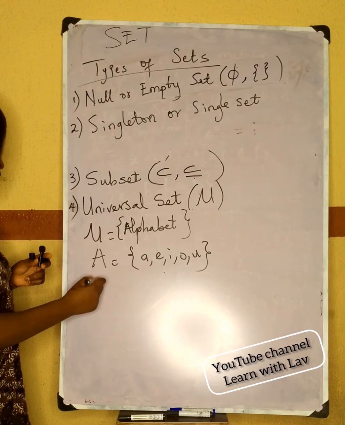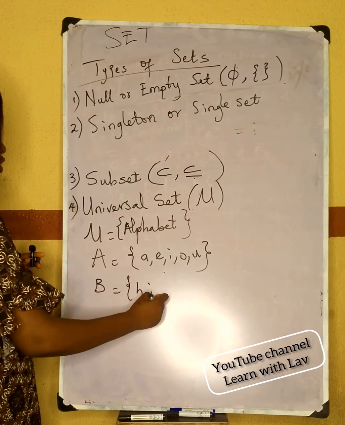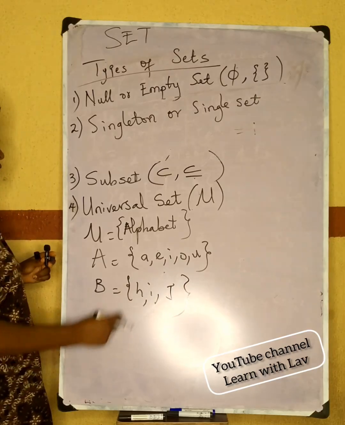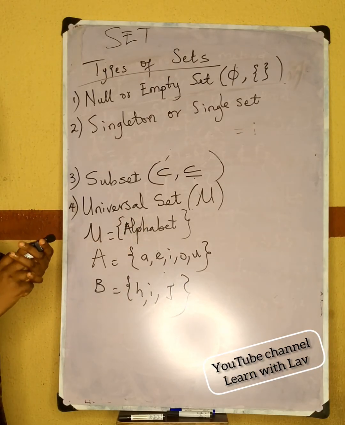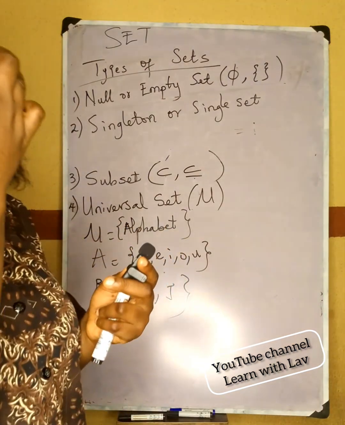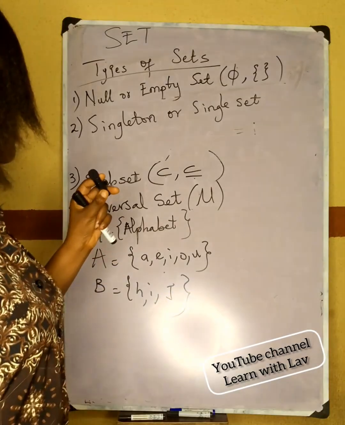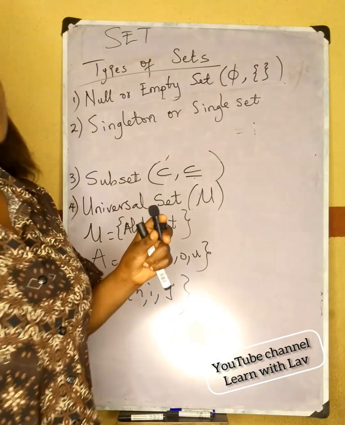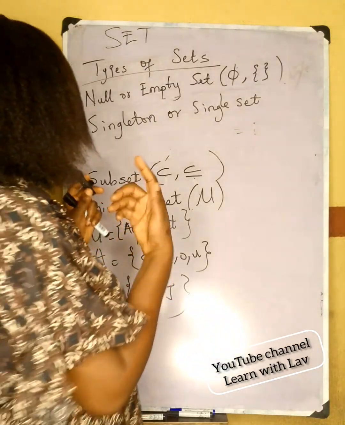If I have another set which is just H, I, J, it is still a subset of the universal set because H, I, and J can be gotten from our universal set, which is the English alphabet. So that's what we mean by universal set. If you have any set that different other sets can be gotten from it, we call it a universal set.